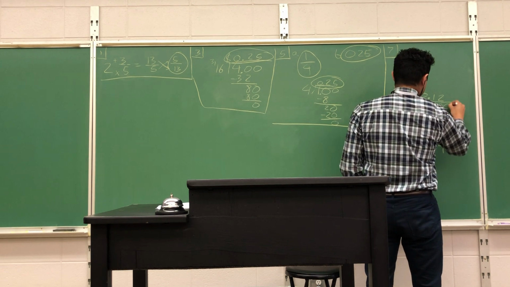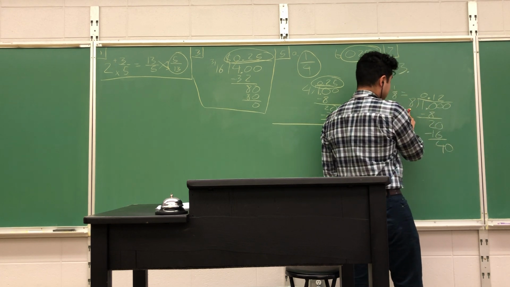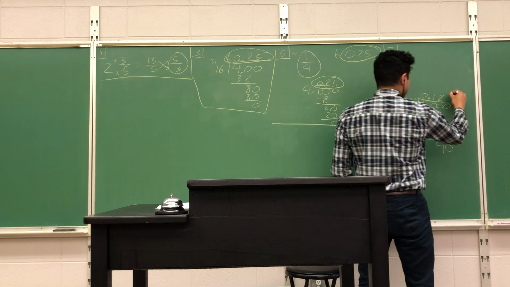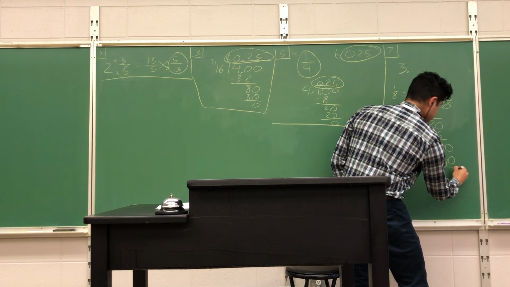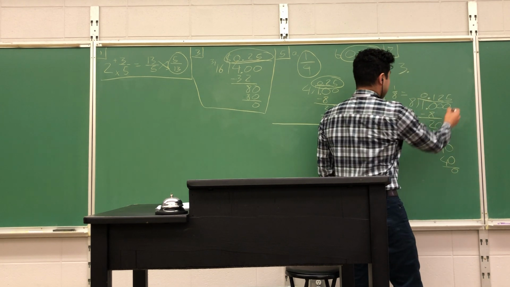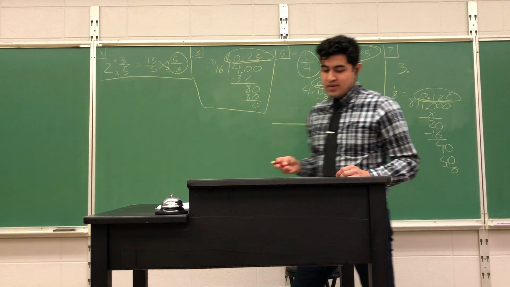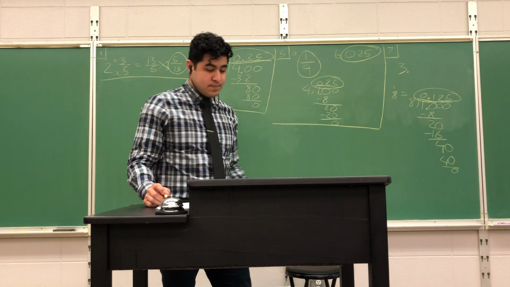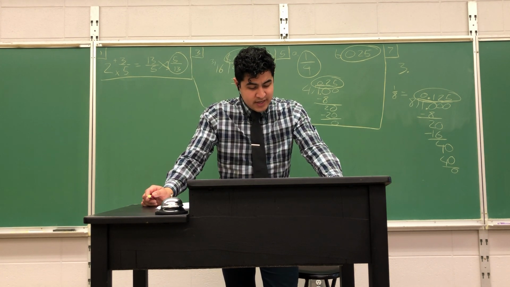Subtract it, put our 0, bring down the 0, and then finally 8 goes into 40 5 times evenly, okay? I'm not even sure you'll be able to see that there. The final answer is 0.125, okay?